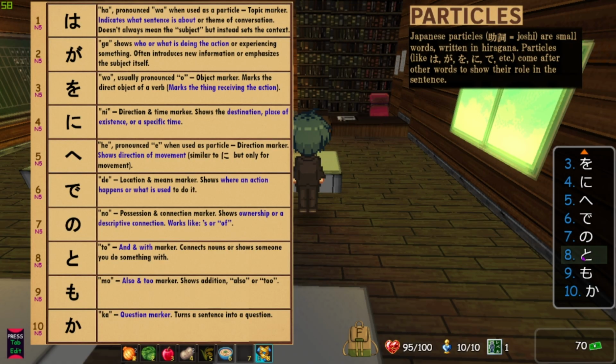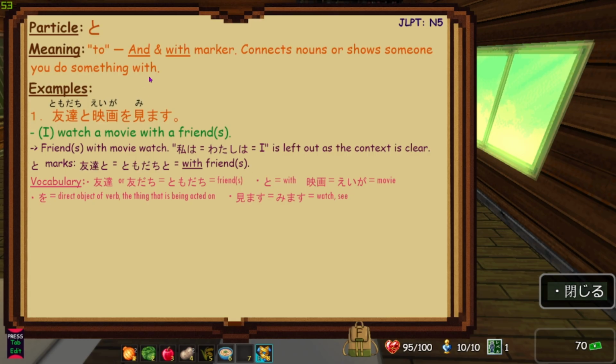Number 8, we have to. To is an and with marker. Connects the nouns or shows someone you do something with. Example is tomodachi to eiga wo mimasu. So tomodachi is friend, to with. So tomodachi to is with a friend, with friends. Eiga movie. O mimasu.